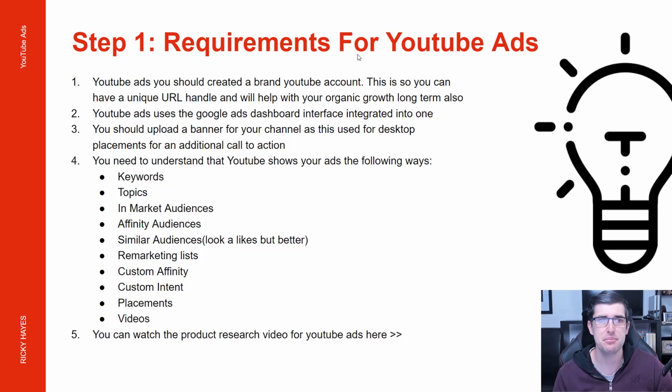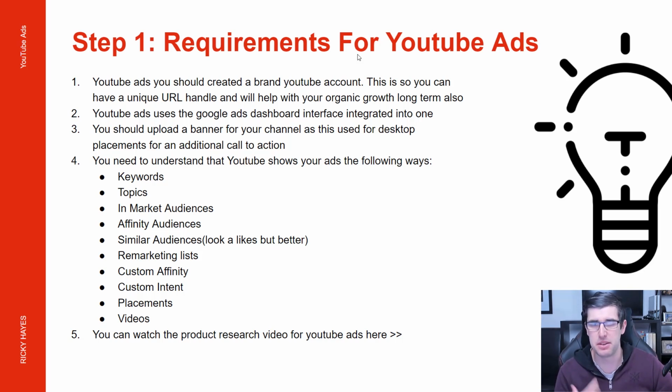You need to understand that YouTube shows your ads in the following ways. These are a number of ways your ads can show. Keywords is one, because obviously it's a search engine. Topics are various topics, let's say baby niche, dogs, cats, pets.